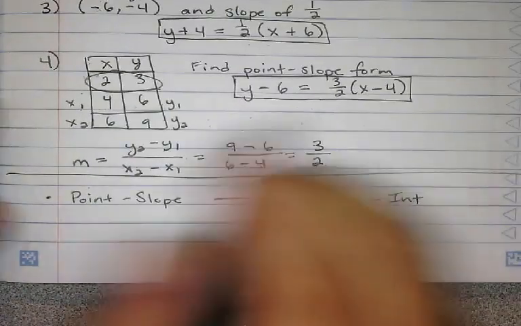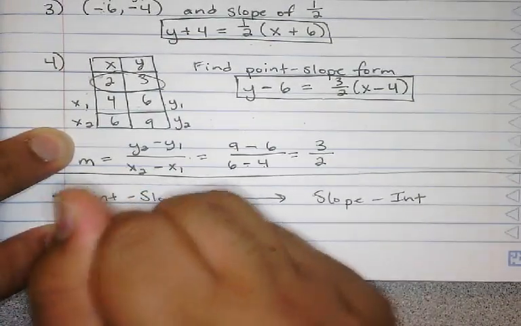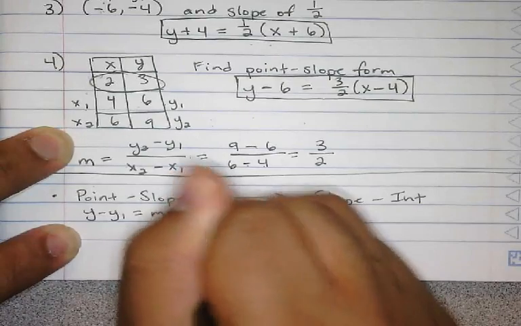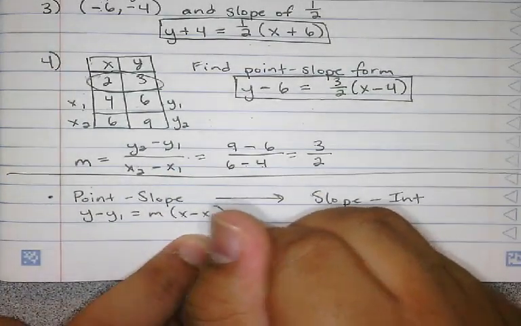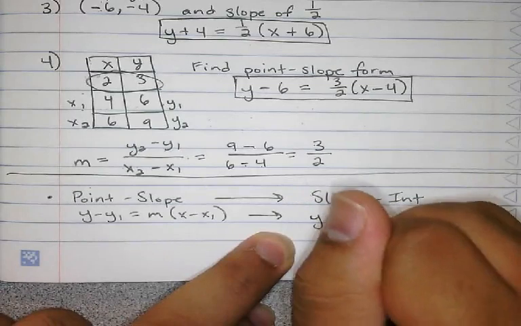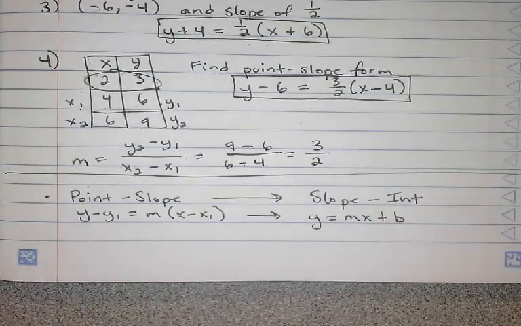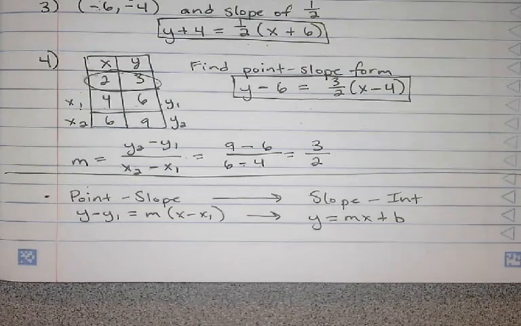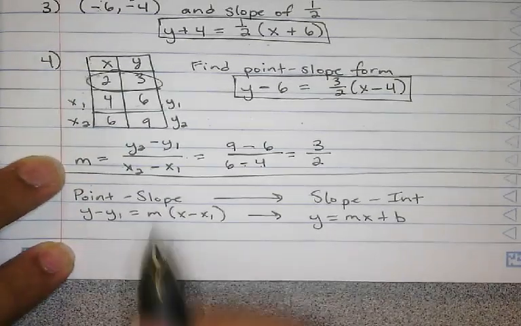Okay, remember point slope is this one, Y minus Y1 equals M times X minus X1, right? We're going from that to Y equals MX plus B. Okay, let's say that we already have one of these.